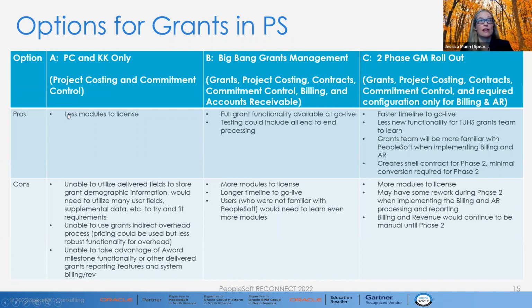Project costing does have pricing and the ability to create markups and overheads, but not the same way that it's specifically designed for grants, using bases that can be configured by your customer: total direct costs, modified total direct costs, and trees. So very robust. I definitely prefer this method over just the project costing pricing functionality.